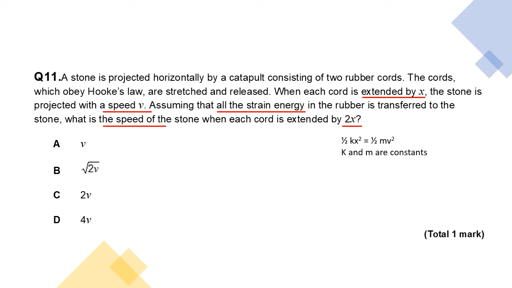So we can see that x square and v square are proportional to each other. That tells us that x is proportional to v. So if x increases by a factor of 2, then speed v should also increase by a factor of 2. So our answer for question 11 is C.